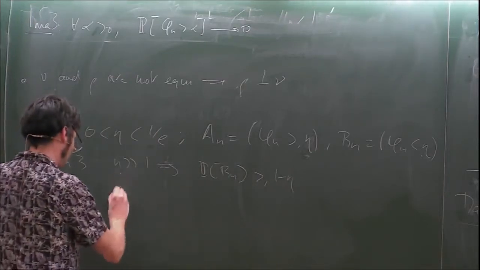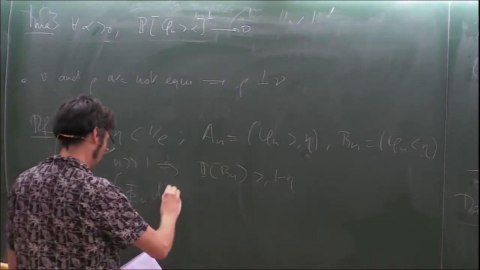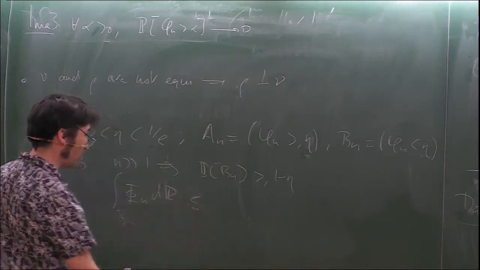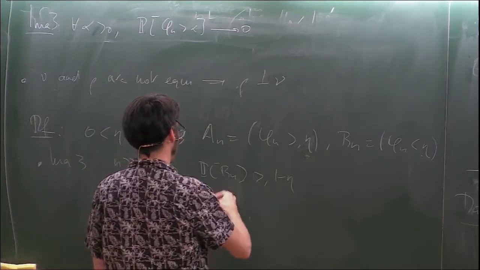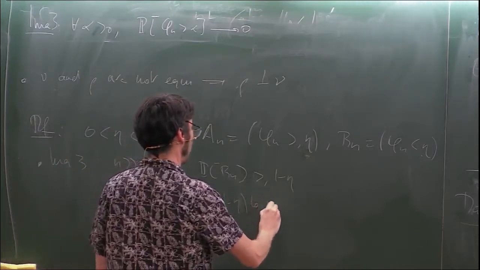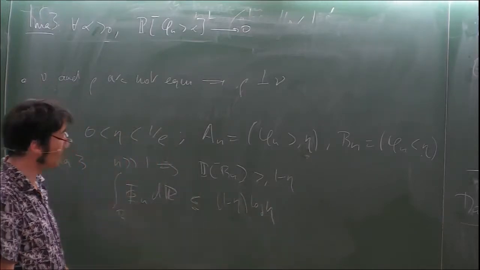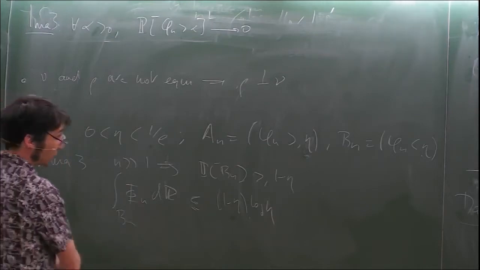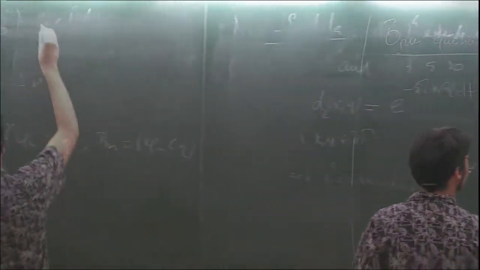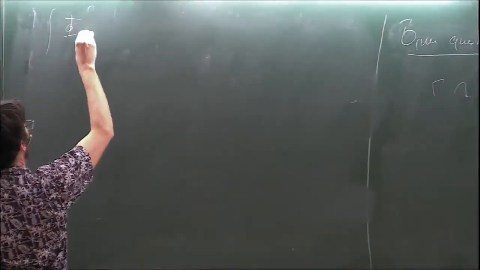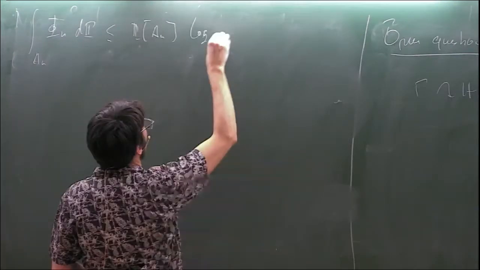And so this means that when I look at the expectation of phi n dP on Bn, this is bounded by 1 minus eta log of eta. So this is very small. Okay, that's the point. And now I want to compute the same thing for An. And here I will use Jensen's inequality.